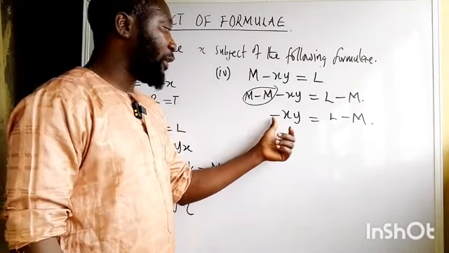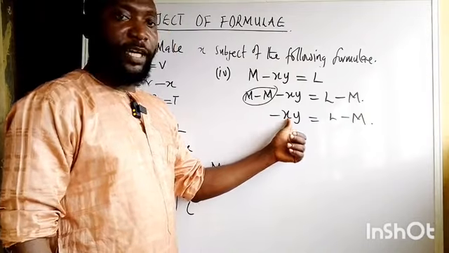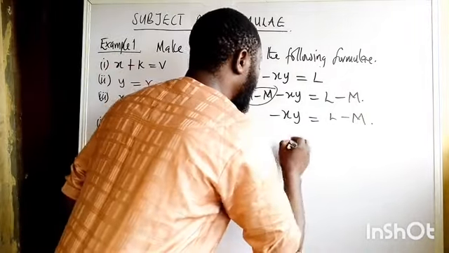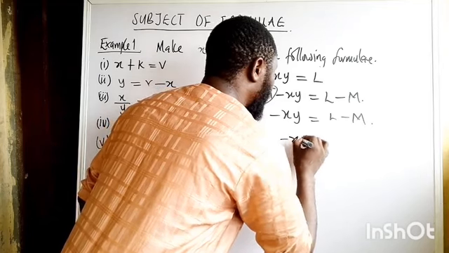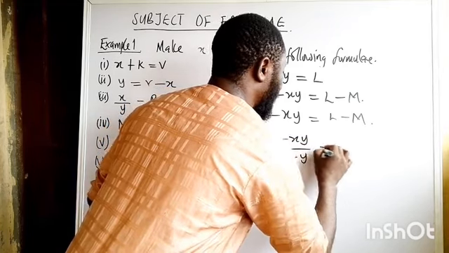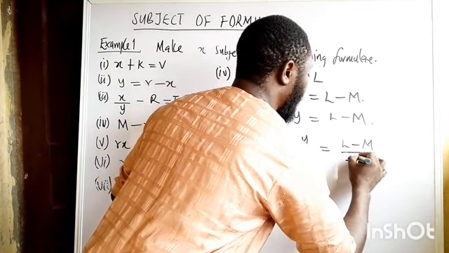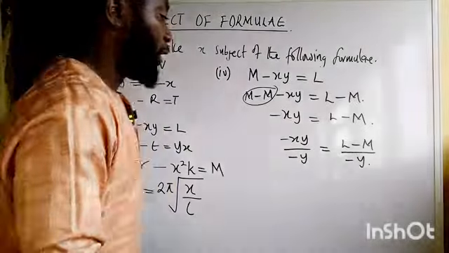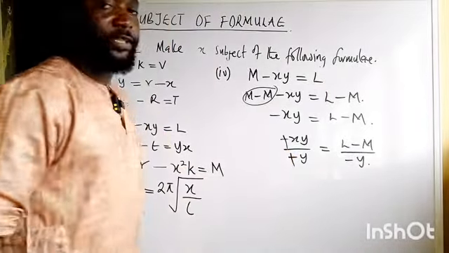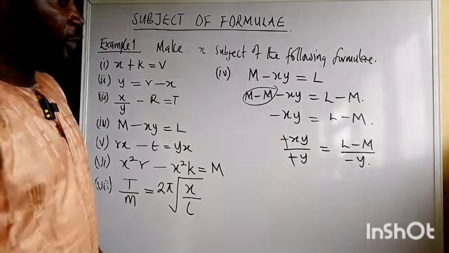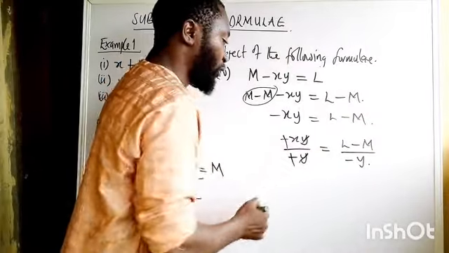So once you divide both sides by negative y, you have x. So we have negative xy divided by negative y equals L minus m divided by negative y. Now negative divided by negative is positive. Y, we remove y. What is left?